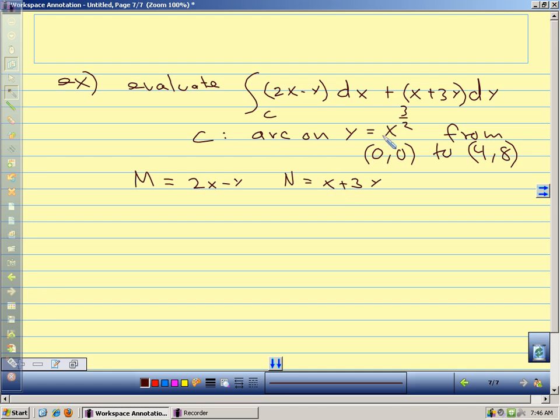And what do we want our parameter to be? We need to parameterize this curve. You could say x equals t. Let's see, 4 to the 3 halves. So on C, we're going to let x equal t and y equals t to the 3 halves.